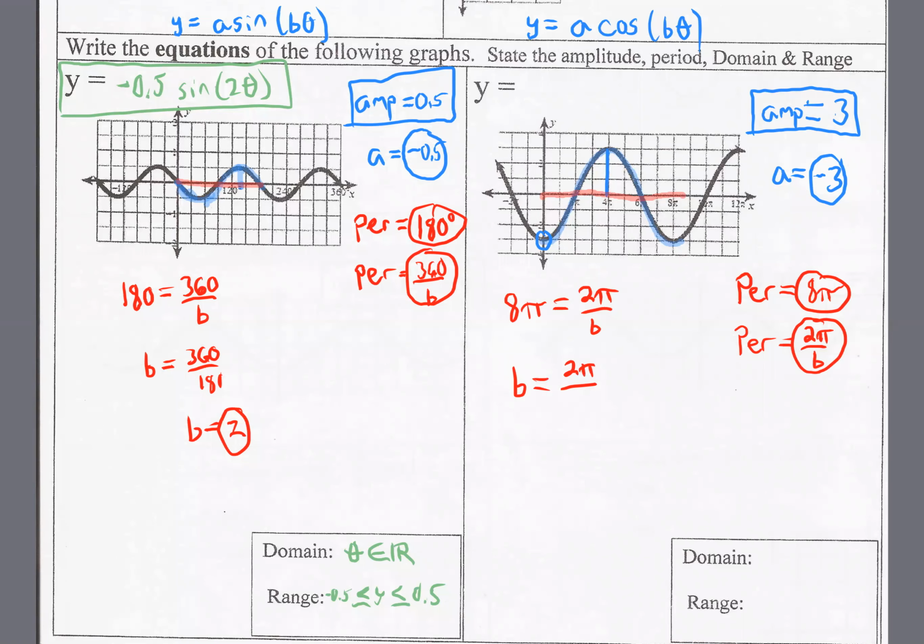You started at a 0, then a min, then a 0, then a max, then a 0, then a min. So you stop at the 5th point. See how that's at 8 pi? So that's a 5-point graph when it goes min, 0, max, 0, min. That's a horizontal distance of 8 pi that you travel. Okay, thank you.